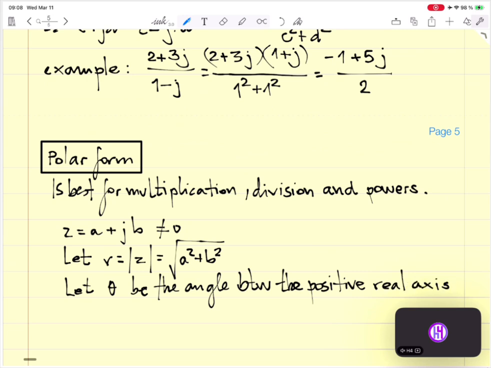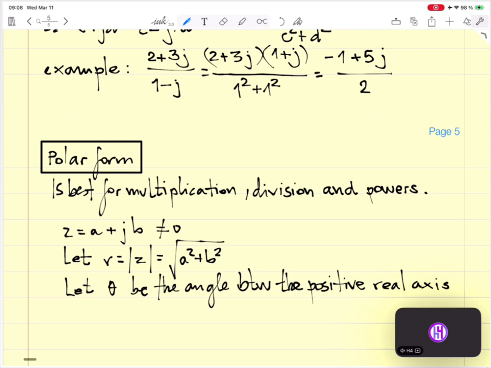and this is super important, it is the angle between the positive real axis, not the negative real axis or some other. I say what I say, not what I don't say. This is important, so make sure you read and understand what is there, because some people will say, oh no, I measured it from the negative real axis.